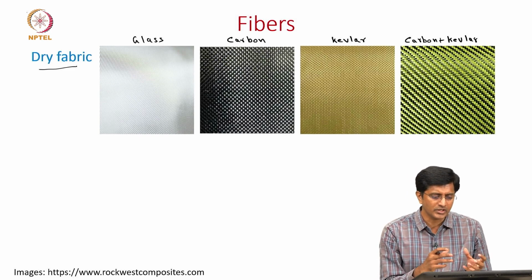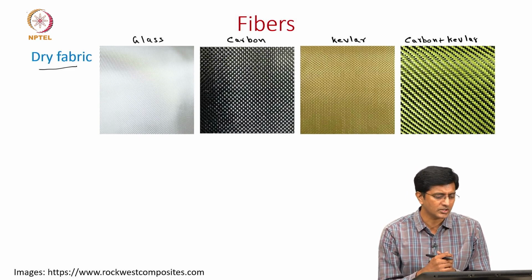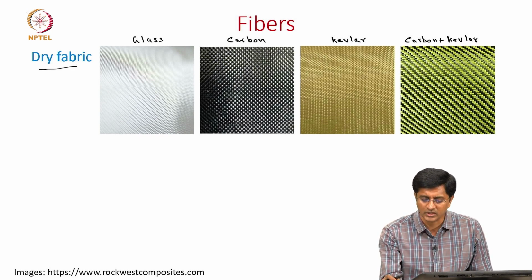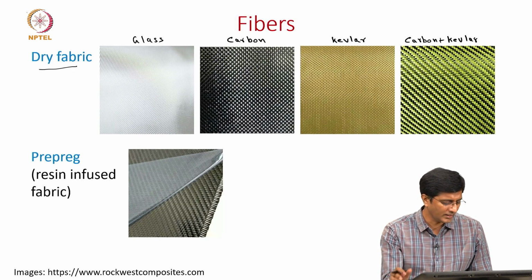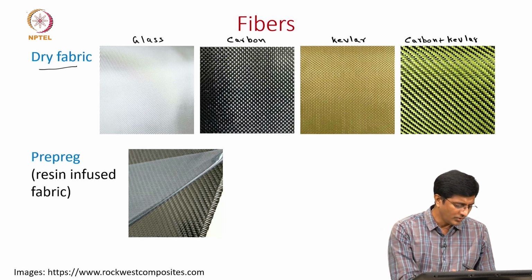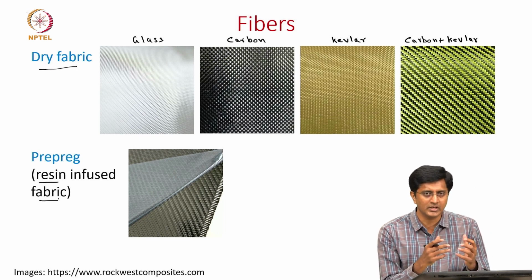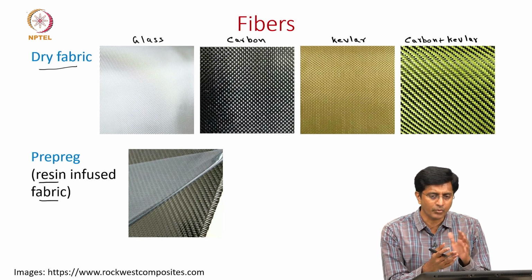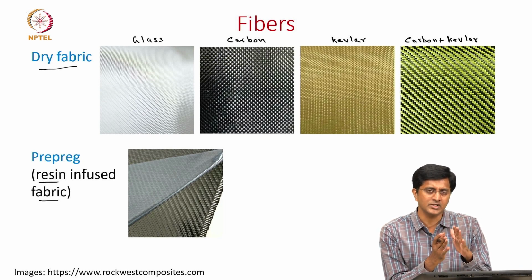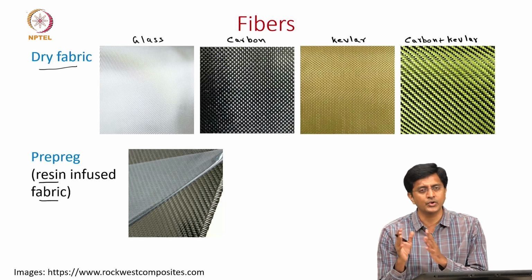So, this is where we can start with while preparing these composites, but this is not the only way we start with. There is another category called pre-preg, where we infuse the resin along with the fabric. So, when we buy it, we get both the resin and the fabric together, but this resin is partially cured, meaning it is not completely cured.